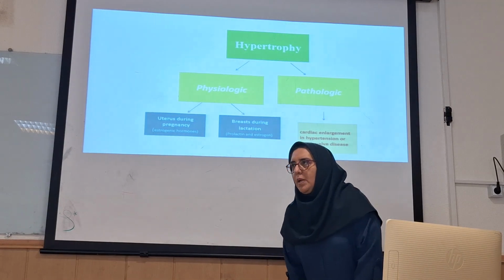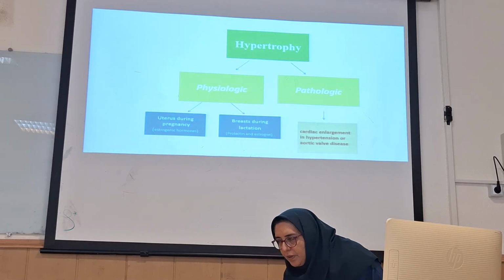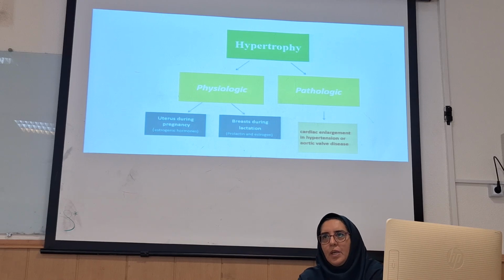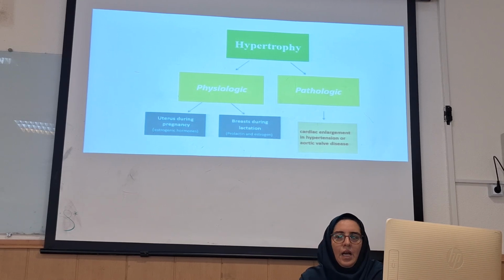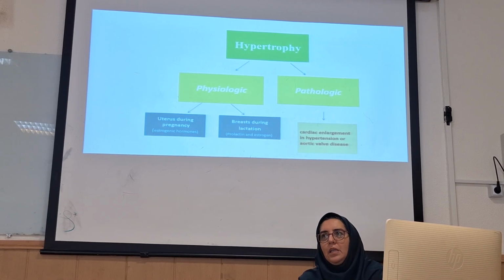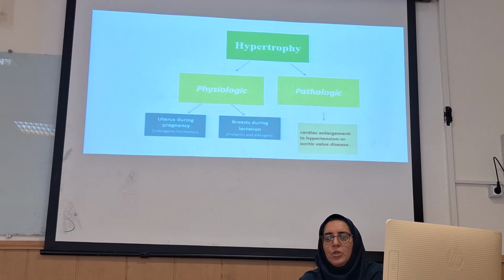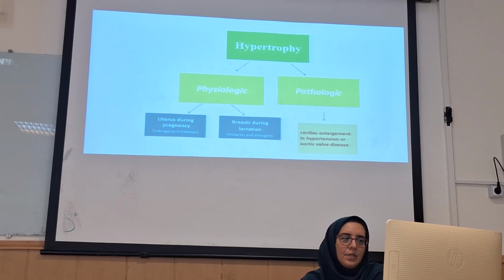We discussed that adaptation phenomena can be physiologic or pathologic. Physiologic hypertrophy: the uterus during pregnancy becomes mainly enlarged for the embryo due to estrogenic stimulation, and the breast during lactation, due to prolactin and estrogen.